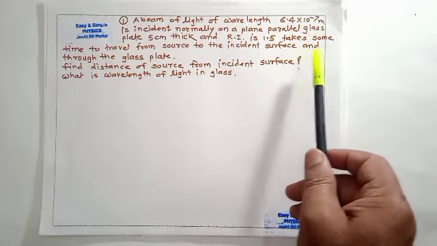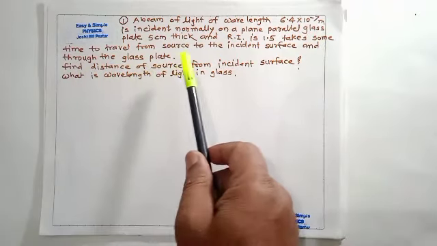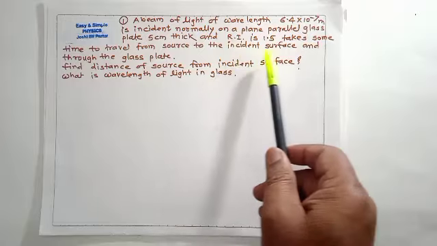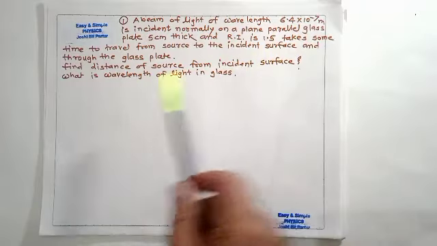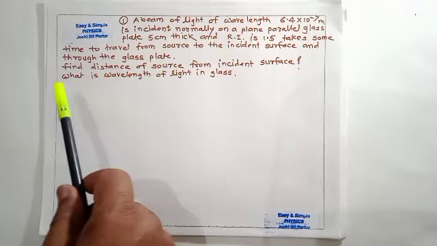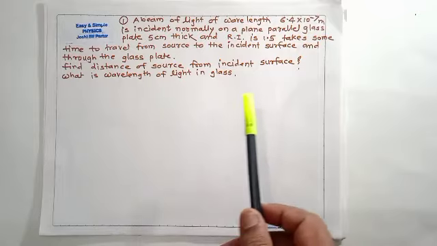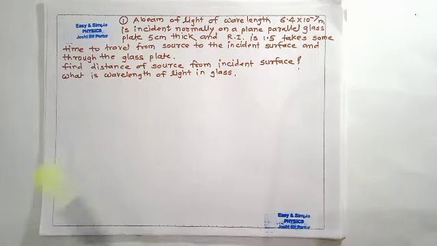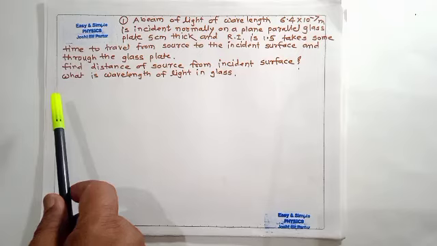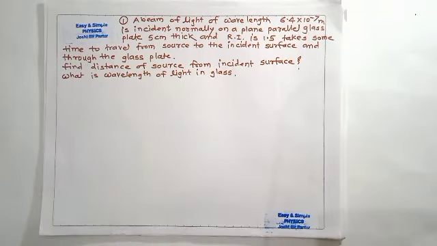It takes the same time to travel from source to incident surface and through the glass plate. Find the distance of the source from the incident surface. Also find the wavelength of light in the glass.